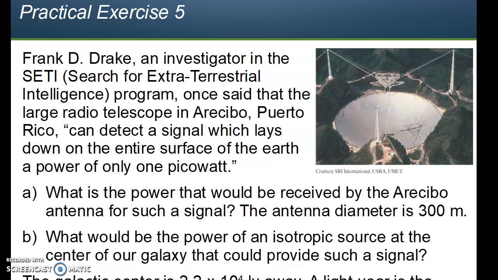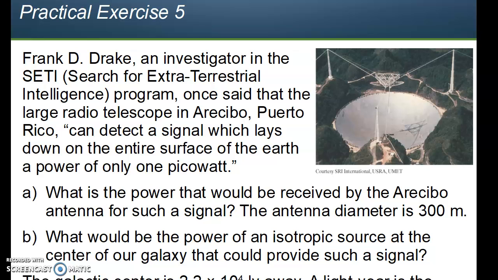What would be the power of an isotropic source at the center of our galaxy that could provide such a signal? Now, what you can't read at the bottom there is the galactic center is 2.2 times 10 to the fourth light years away, and a light year is the distance that light travels in one year. So you use the same information you had in the prior one, right?